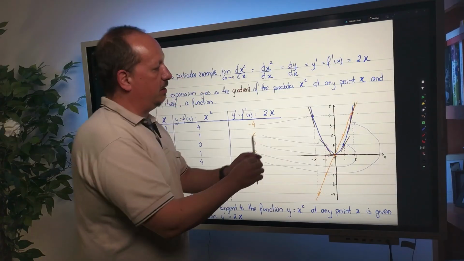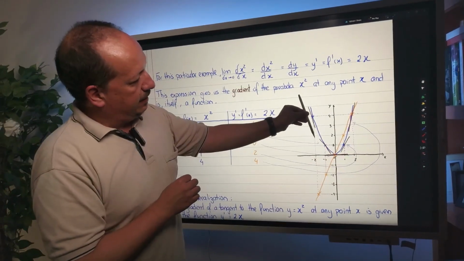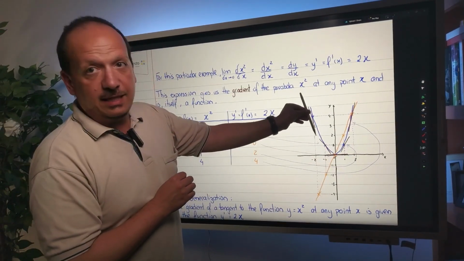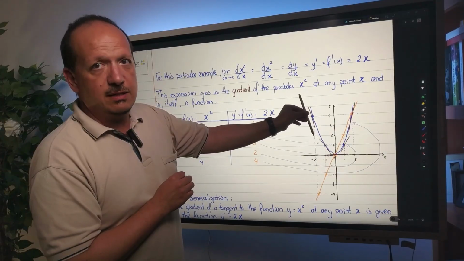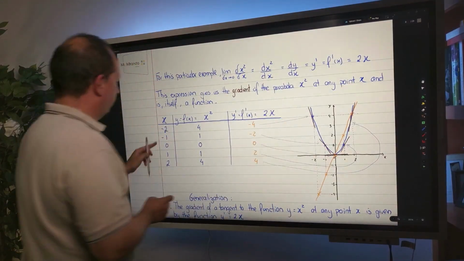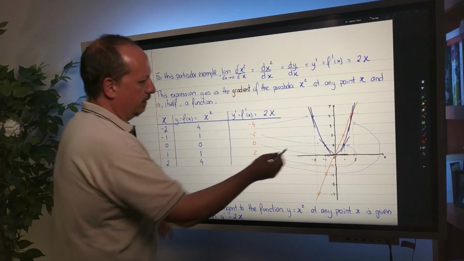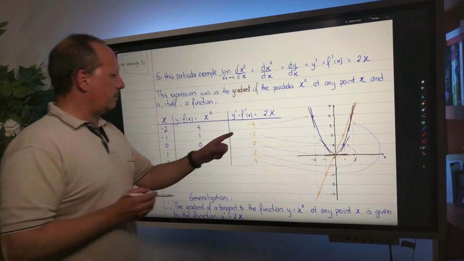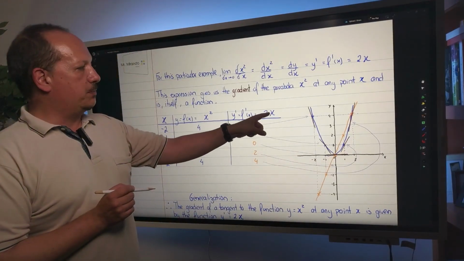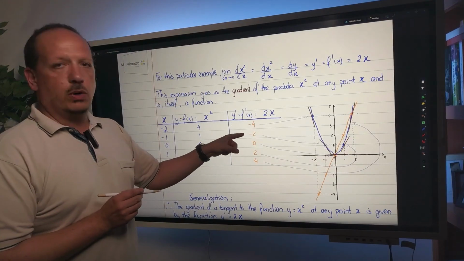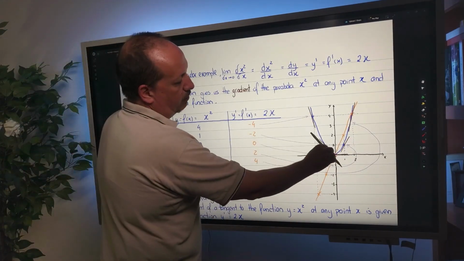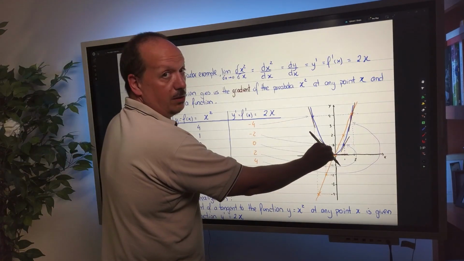As you can see here by this line and here by the pen, it is this inclination, minus 4, right? If I do the same thing, but now for point minus 1, 1, this point over here, and if I substitute x by minus 1, I have the value minus 2. What is minus 2? It is the gradient on point minus 1, 1.